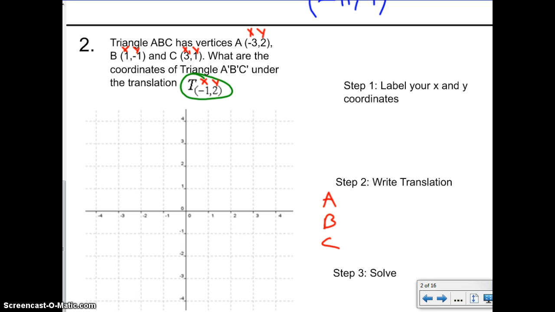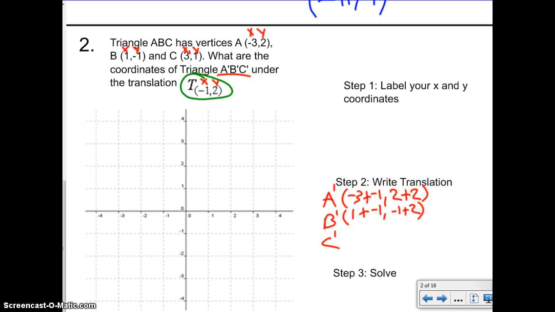So for A, we match up our X's. We're going to get -3 plus -1, and we're going to get 2 plus 2. For B, oh sorry, I forgot, remember for the new symbol, that's my bad. You have to use the A prime, B prime, C prime, right? For B, back to this one, we match them up. So we have 1 plus -1, and we have -1 plus 2.